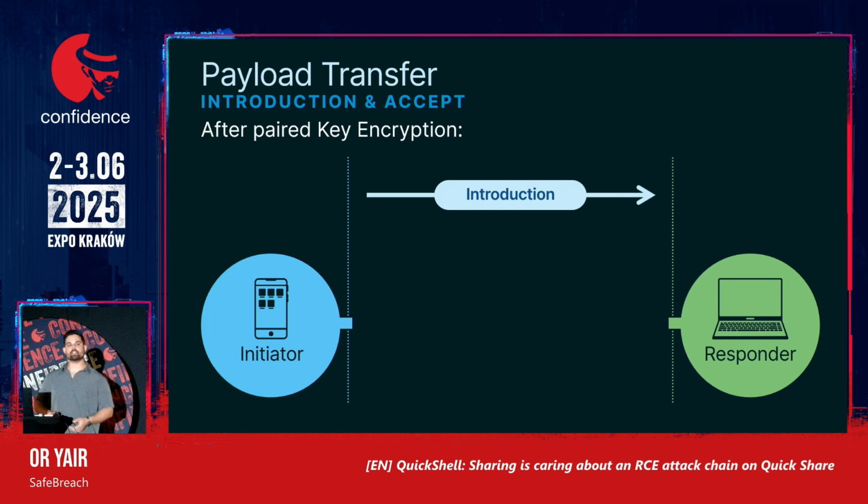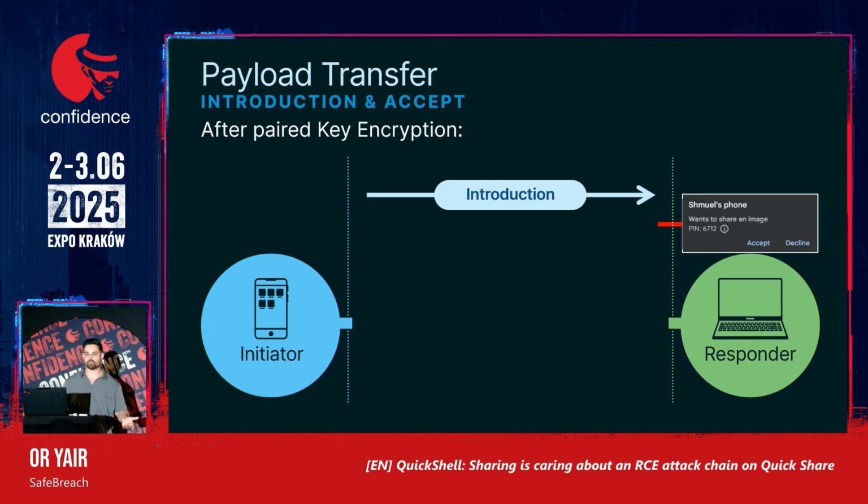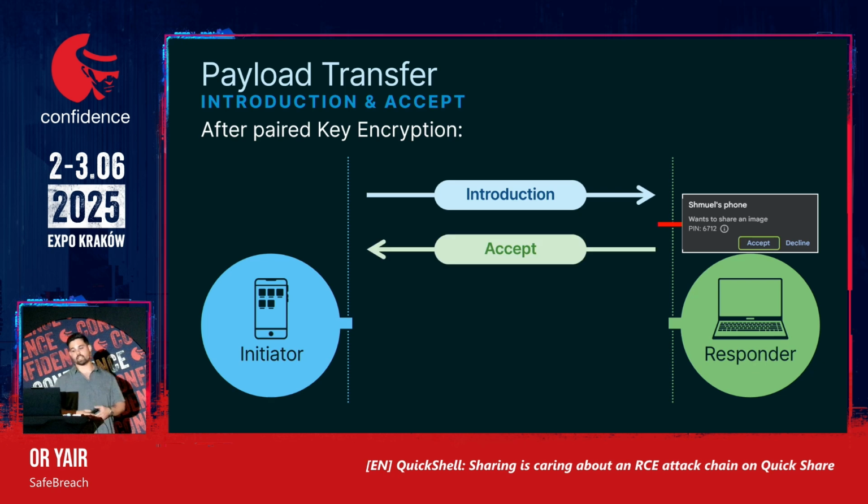After device visibility modes were enforced, the initiator sends a file introduction packet with some information about the file that it would like to send. The responder is prompted, finally, with something in the UI, a file introduction dialog, hopefully presses accept, and that triggers an accept packet to be sent back to the initiator.